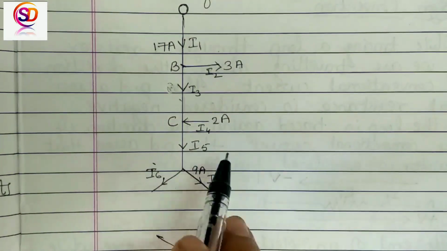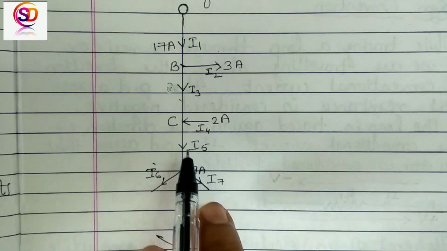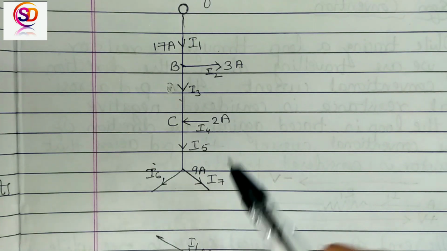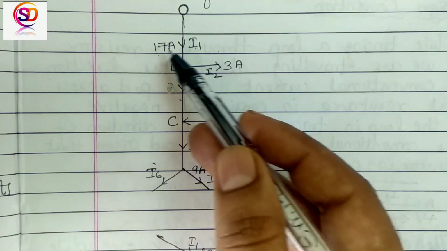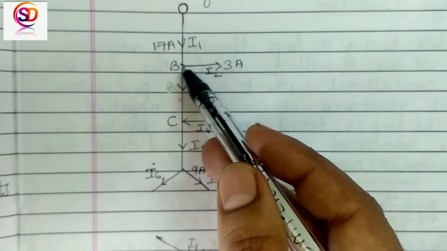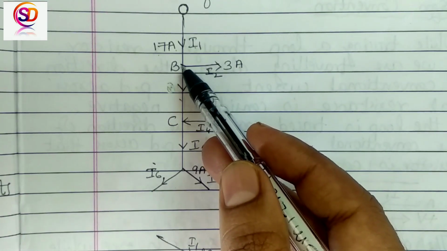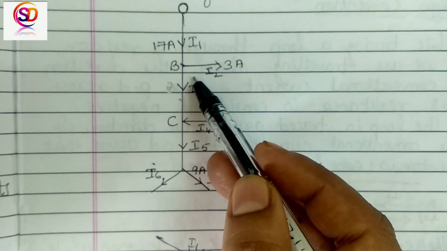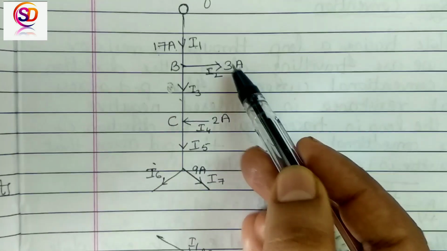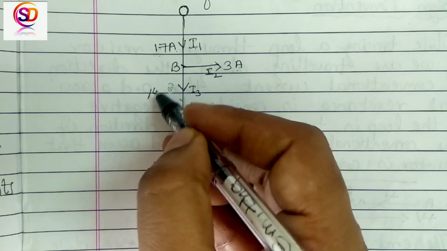This is the circuit. Let us apply Kirchhoff's first law. I1 is a current with value 17 ampere. When it reaches junction B, 3 ampere flows through I2. So how much will I3 be now? 17 minus 3 will be 14 ampere.